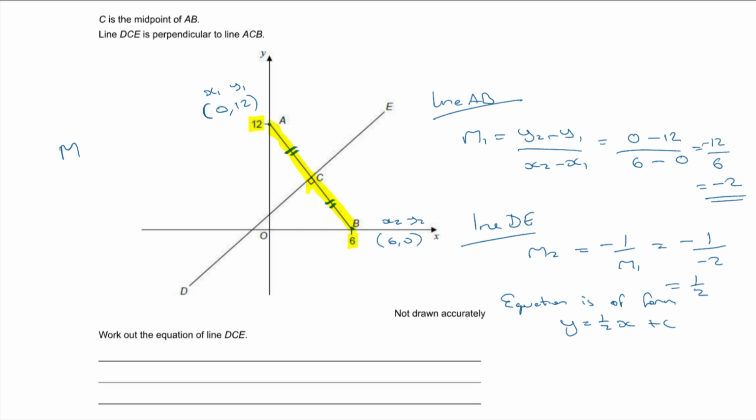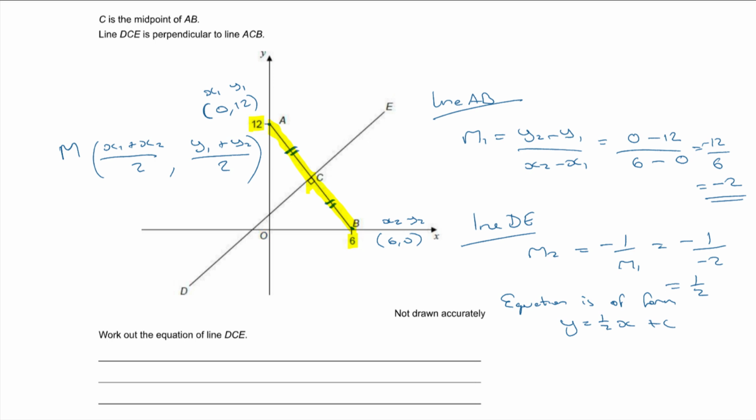Now you can find the midpoint of the line by averaging out your 2 coordinates. So if I take x1 and x2, I add them together and divide by 2, so average my x coordinates and do the same thing with my y coordinates, y1 plus y2 over 2, then that will give me the midpoint, won't it?